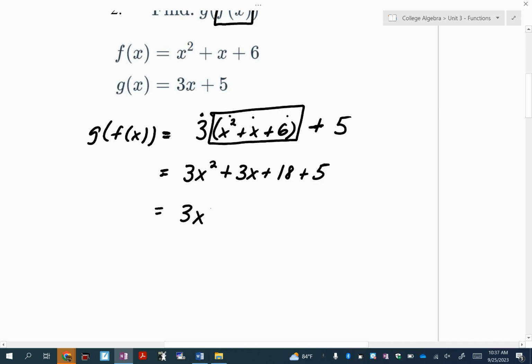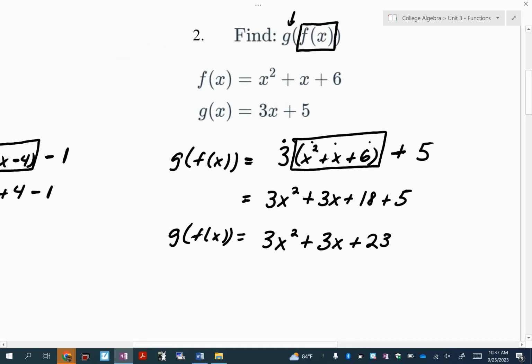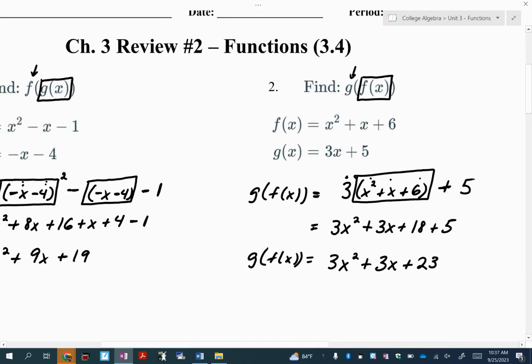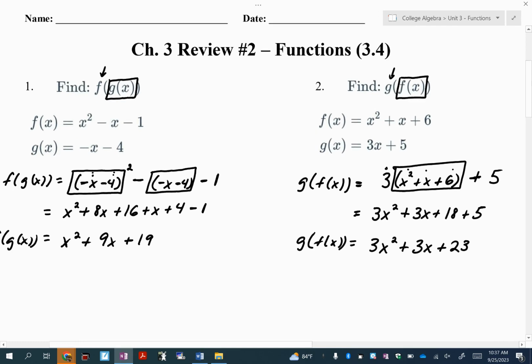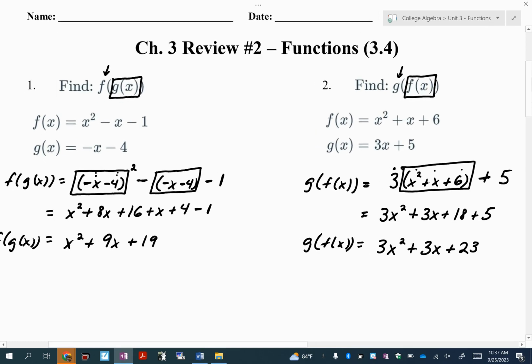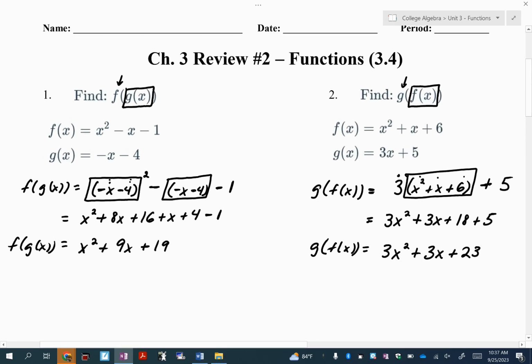The only like terms I have to deal with are the 18 plus 5, which is 23. So this is g of f of x. That's the way we did composition where it was a letter x: f of g of x, g of f of x. Hopefully you've had a chance to practice this a bunch.